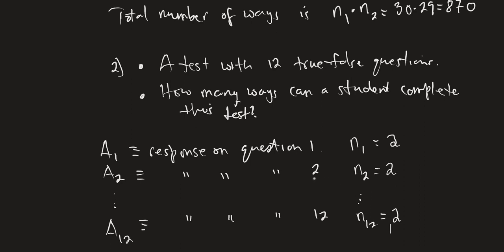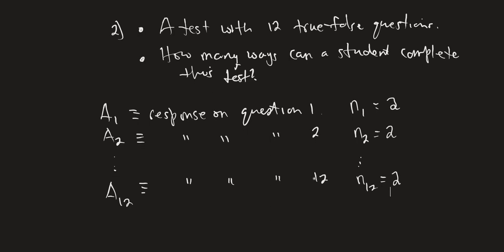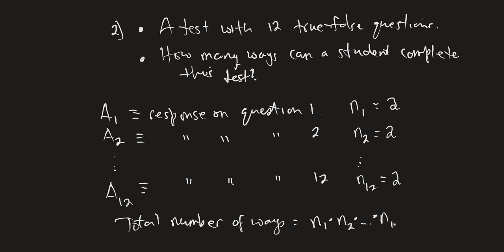So then the total number of ways that a student can complete this test, in this case, is n1 times n2 times ... times n12.